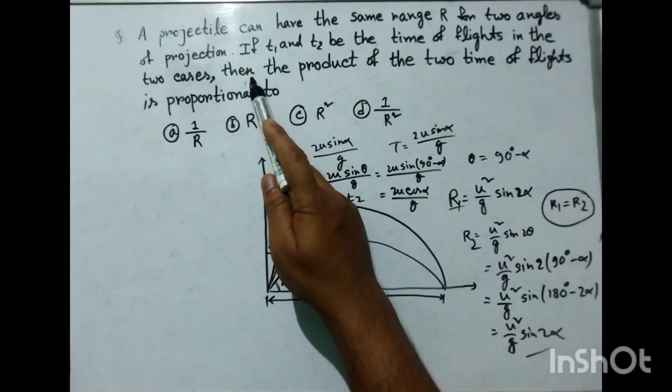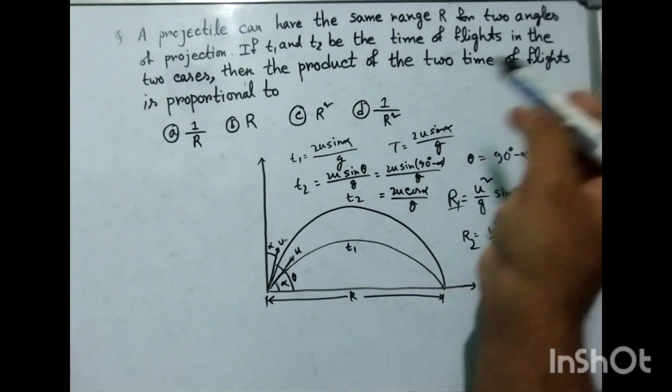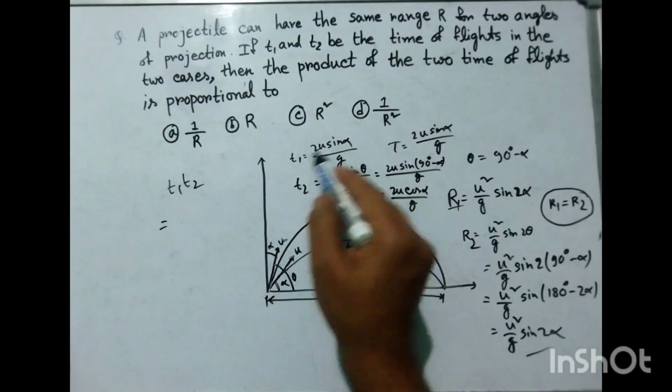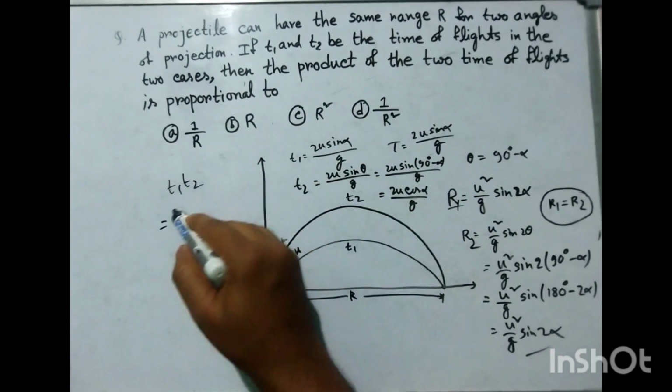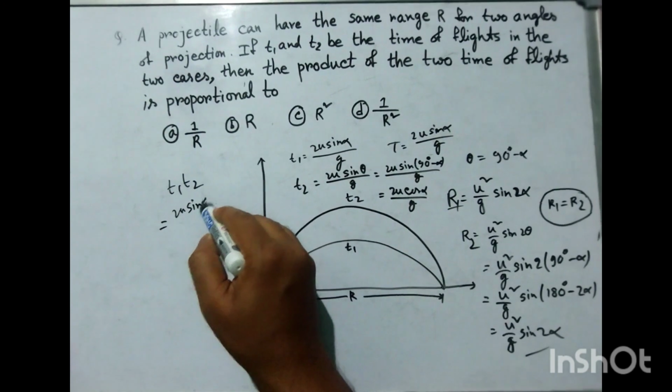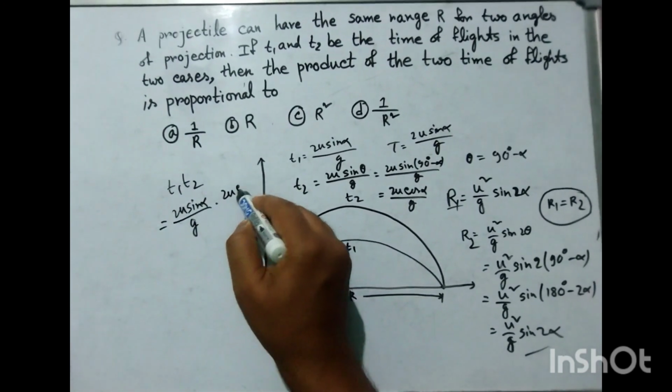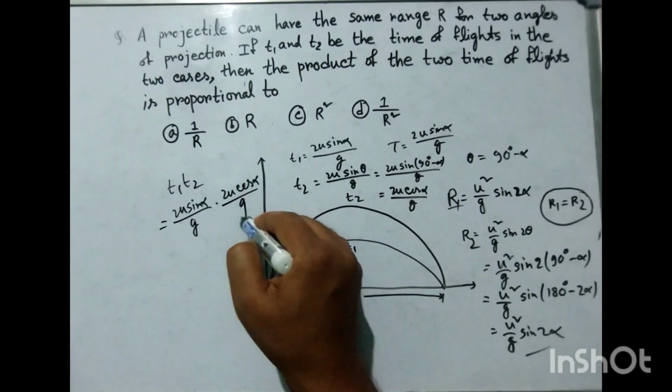Now it is saying to find the product of the two times of flight, T1 into T2. That will be 2u sine alpha by g into 2u cos alpha by g.